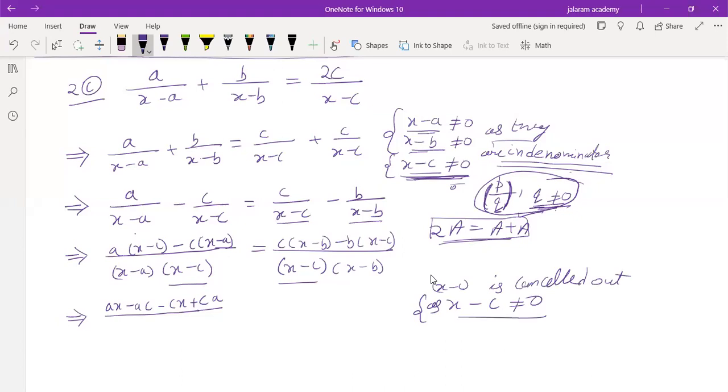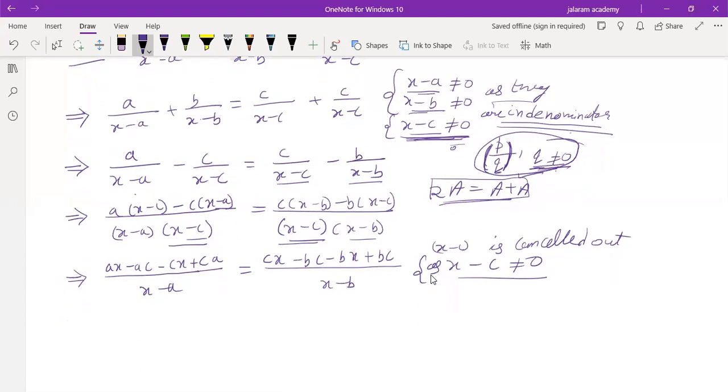As it is non-zero. So in the denominator only x minus a is there. In the second, when we open the bracket, cx minus bc minus bx, minus minus plus bc, over x minus c is already cancelled out, so it is x minus b. Is that clear to you?